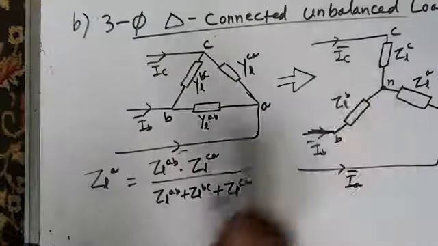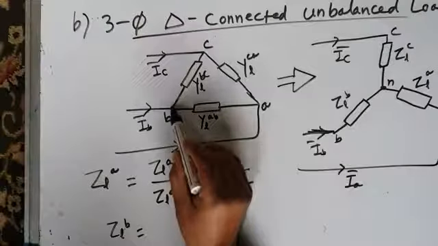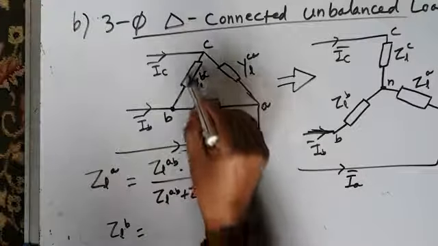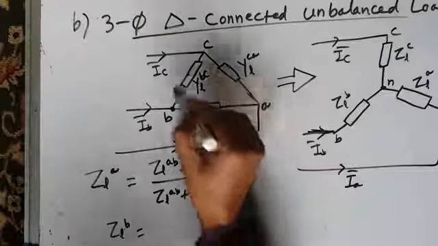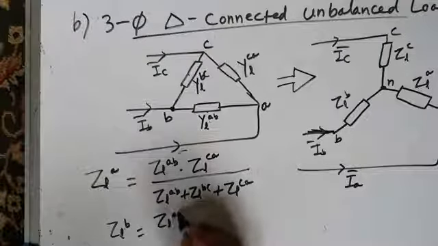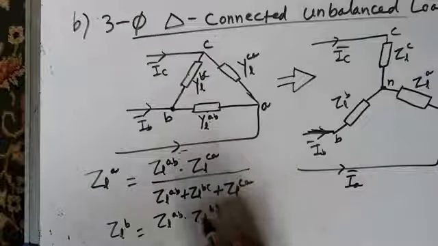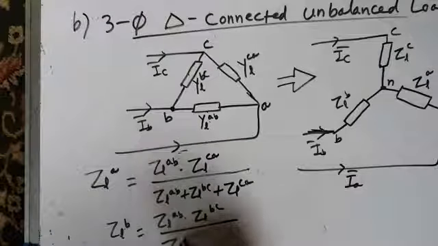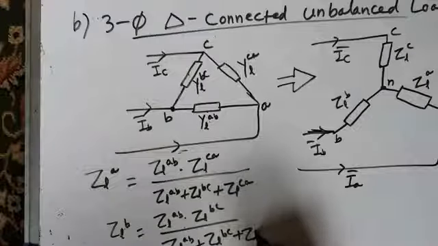Similarly, you have to find this ZLB. B is here, at this point these two impedances are there, although these are admittances, but you can consider them impedances. So this is ZLAB into ZLBC divided by the sum of three impedances, ZLAB plus ZLBC plus ZLCA.